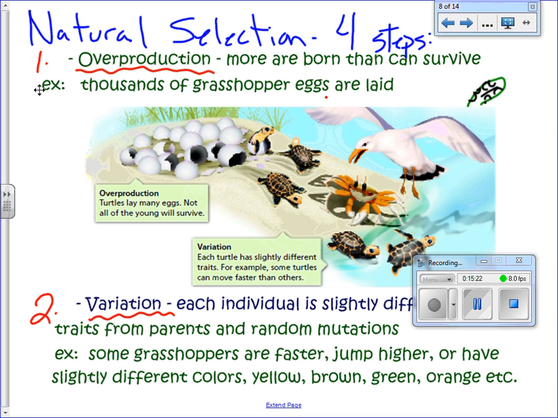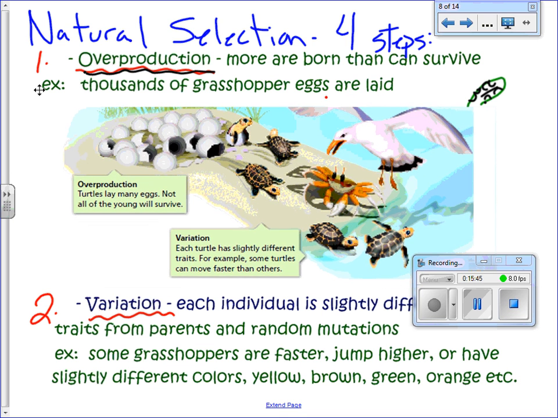So step 1 is overproduction. And what that means is that many more are born than can survive. So for example, in the spring and summer, thousands of grasshopper eggs are laid. They're not all going to survive. The textbook shows the example of the turtles.